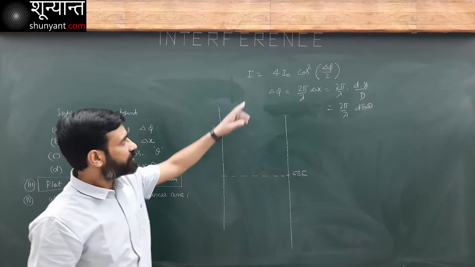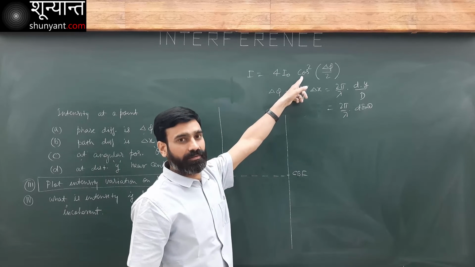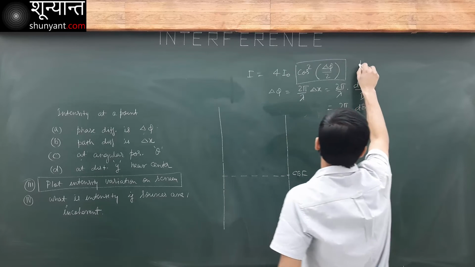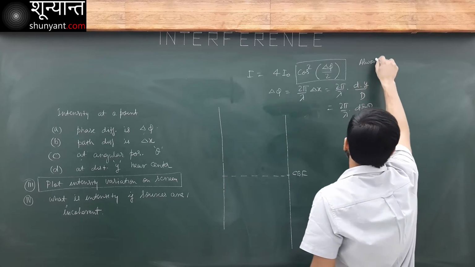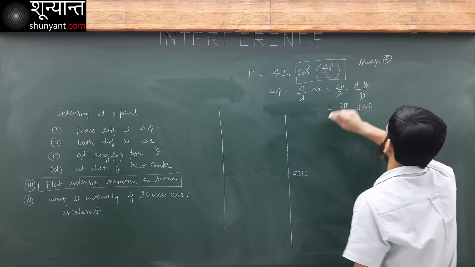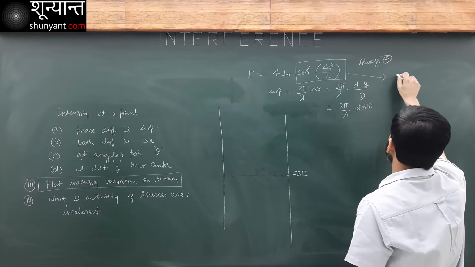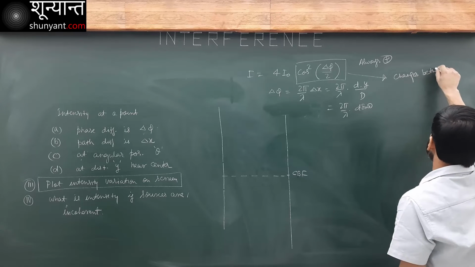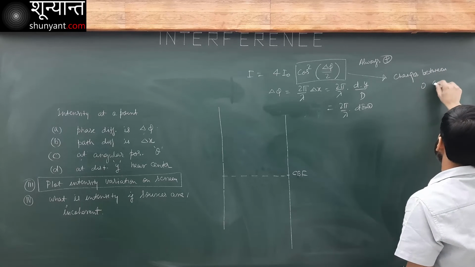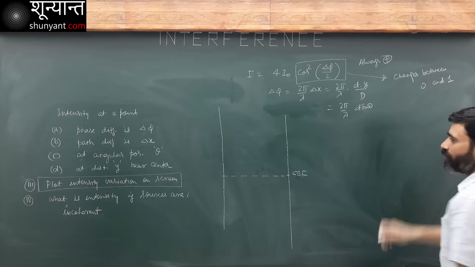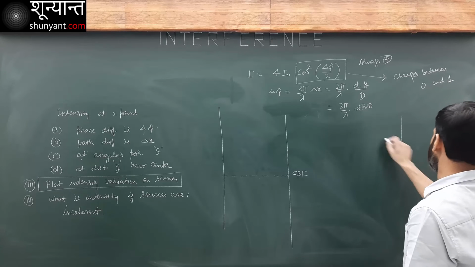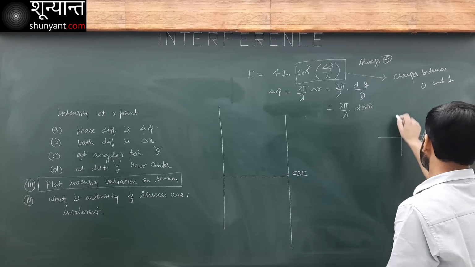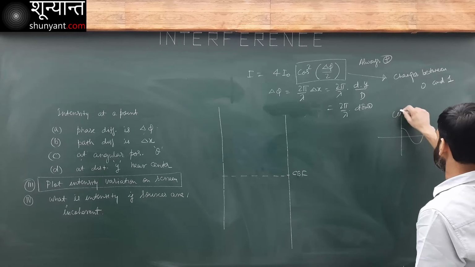I am getting this cos square term. First of all, it is always positive. It changes between 0 and 1. Now this is the graph of cos theta, where this is theta and this is cos theta.